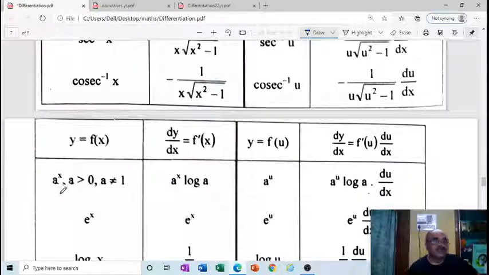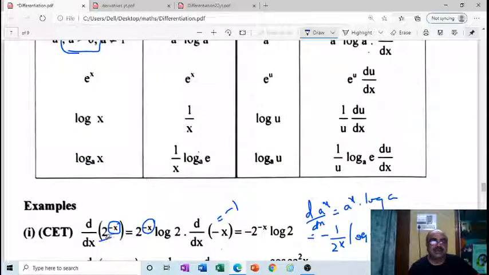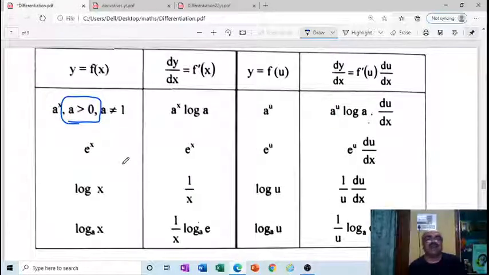A power x. Here please remember, a should always be greater than 0. We have seen a problem here. See, a has to be greater than 0, otherwise you can't do this sum. If this becomes 0, anything to the power of 0 will never give you an answer.